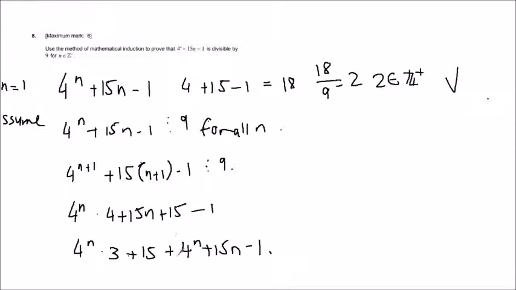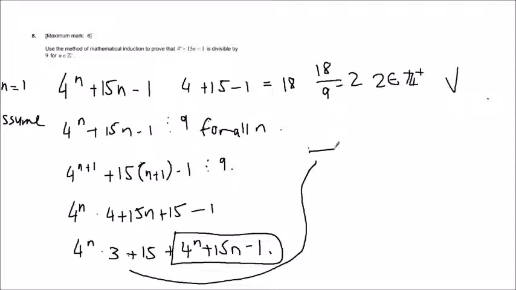Because we already proved that this part is divisible by 9. Now we just need to prove this part is divisible by 9 as well. So I think I'm gonna do a second proof. So this is gonna be 4 to the n times 3 plus 15, which is 3 times 4 to the n plus 5.